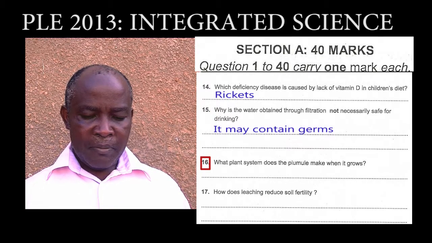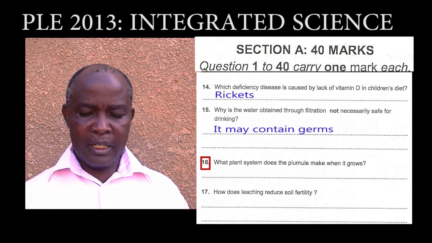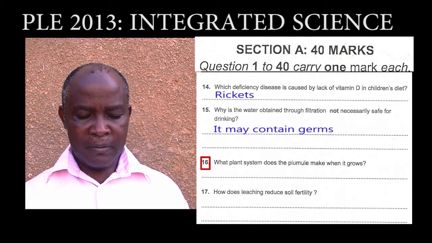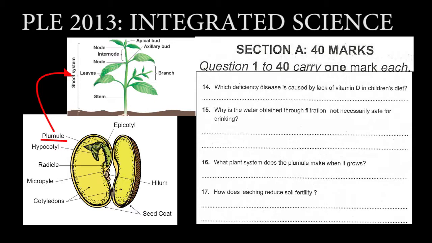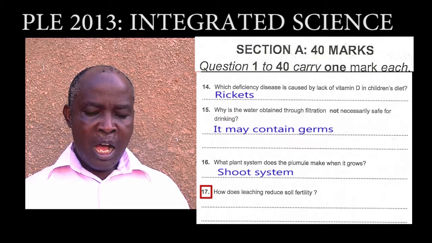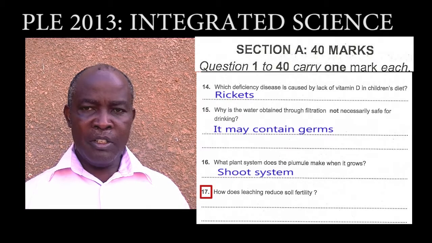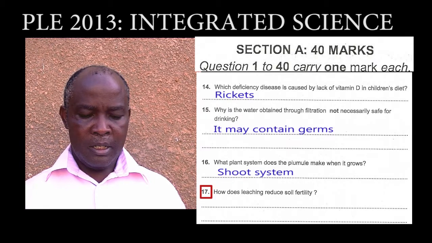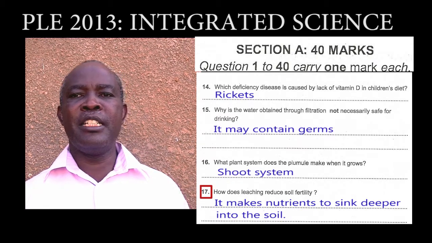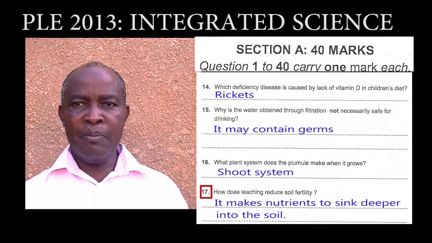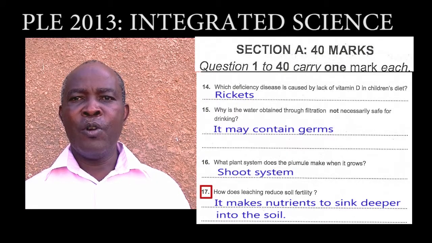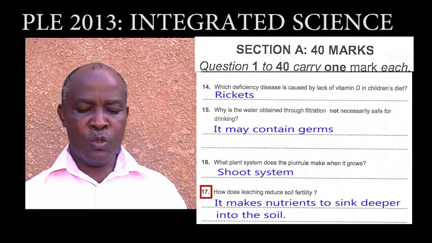What plant system does the plum make when it grows? Shoot system. Number 17, how does leaching reduce fertility? It makes nutrients sink deeper into the soil where they cannot be reached by roots.